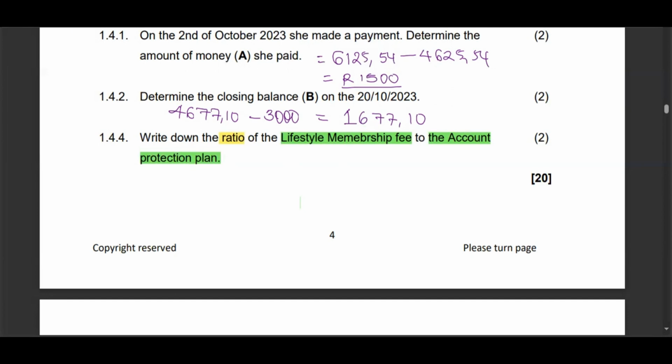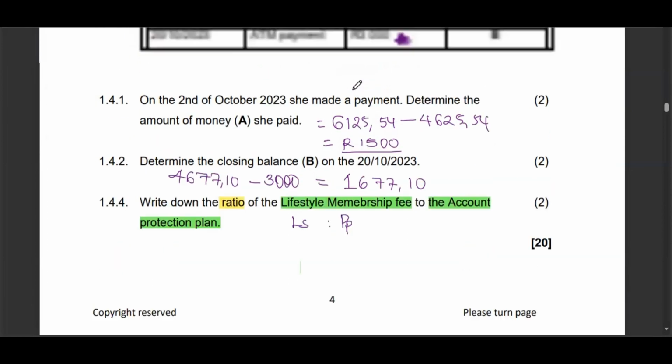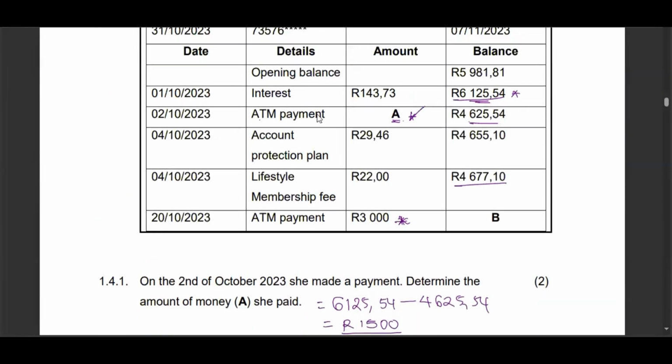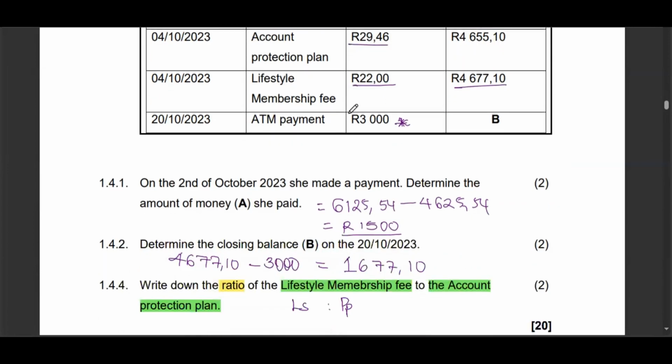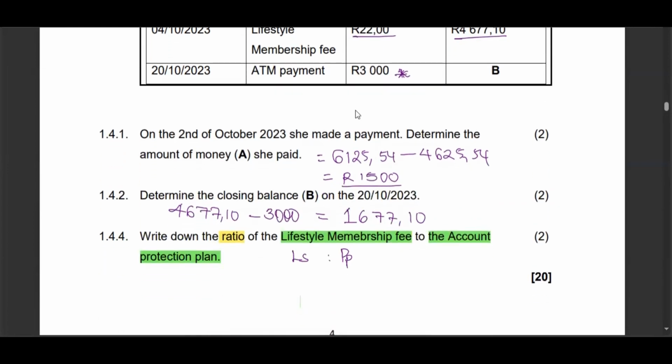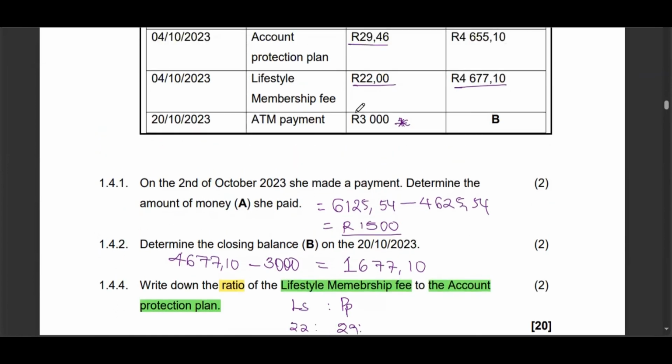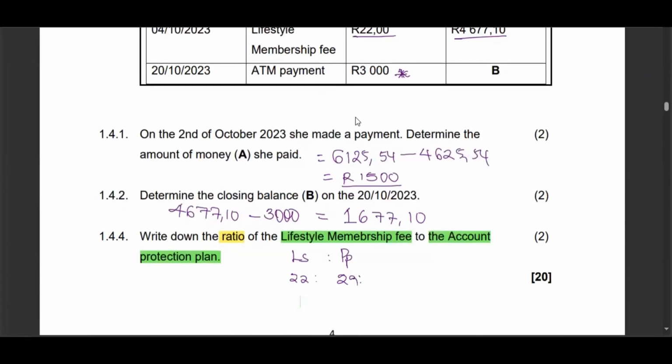Now we've identified lifestyle membership to protection plan. So we shall go to the statement and look for lifestyle membership. Lifestyle membership is this much, and protection is that much. So we say 22 rands is to 29 rands 46 cents.